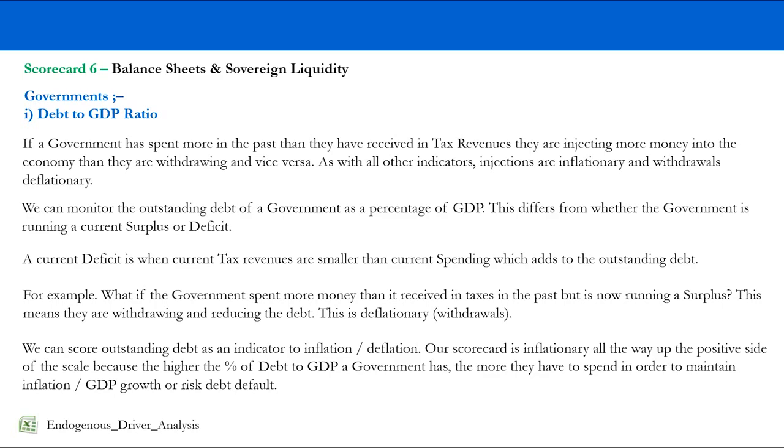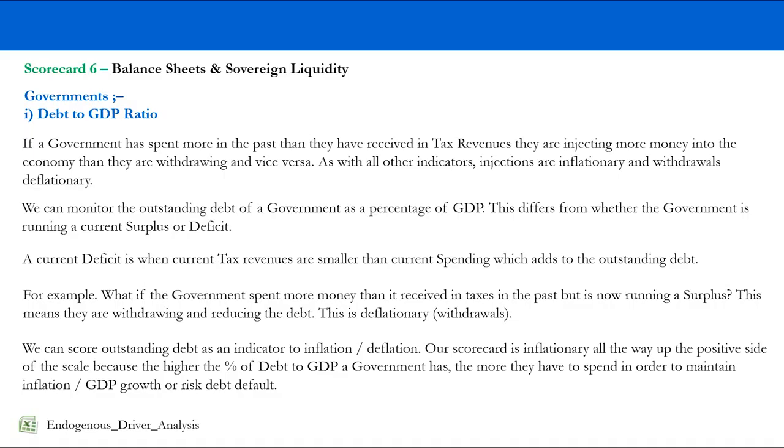Well, basically, it comes from tax revenues. That's where it all emanates from. If a government has spent more in the past than they've received in tax revenues, then they're basically injecting more money into the economy than they are withdrawing, and vice versa.